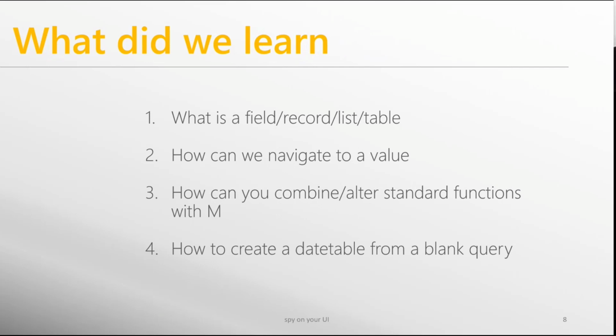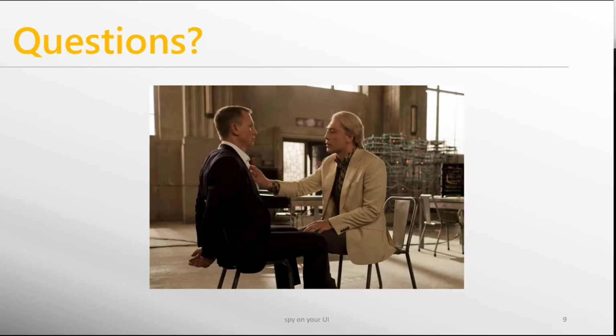We've looked at the differences between a field, a record, a list, and a table, and how we can navigate within them, how we get the values from a field, and how we can combine these with the ready-made options of the data transformation that we're seeing. And in the end, we've created a date table from a blank query.